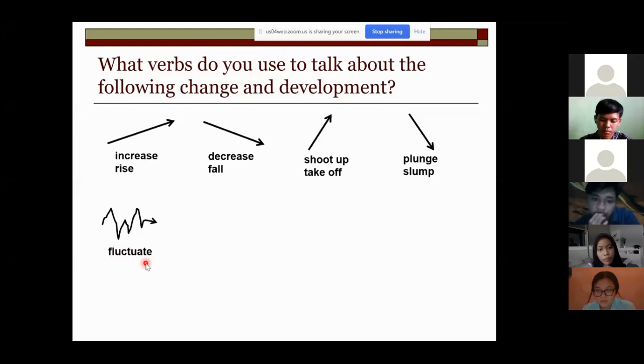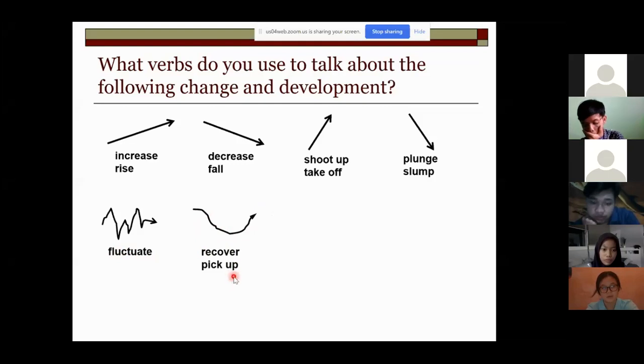Fluctuation. Then how about this one? You want to explain your graph with this kind of arrow. That's right. It's recover or pick up. Okay, recover or pick up.